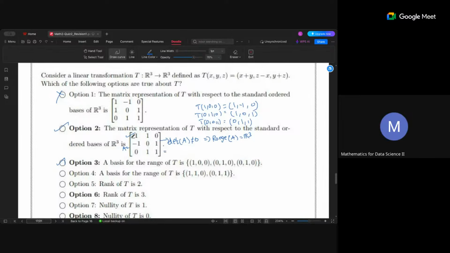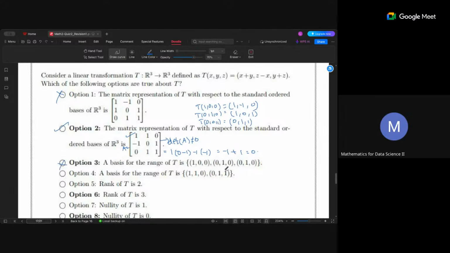Okay, so let's check. 1 times (0 minus 1), and then minus 1 times (minus 1). So you will get minus 1 and then plus 1. Yeah, it's actually 0. So the matrix is (1,-1,0), (1,0,1), (0,1,1). In this case, the range cannot be R3, right?